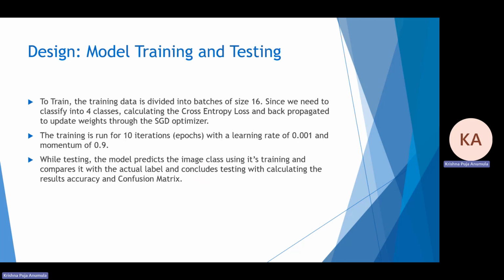Next, while training, we divided the training data into batches of 16. Since our aim is to classify into 4 classes, we calculate the cross entropy loss and backpropagate it to update the weights. After trial and error of different combinations, we achieved our best results by training the model for 10 iterations with a learning rate of 0.01.